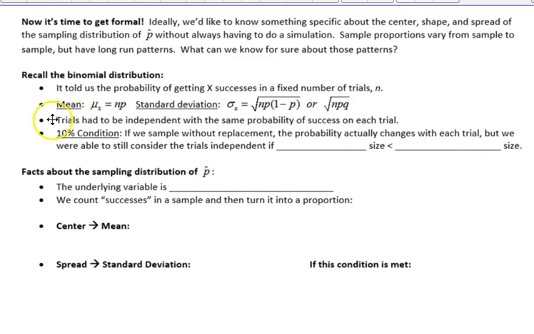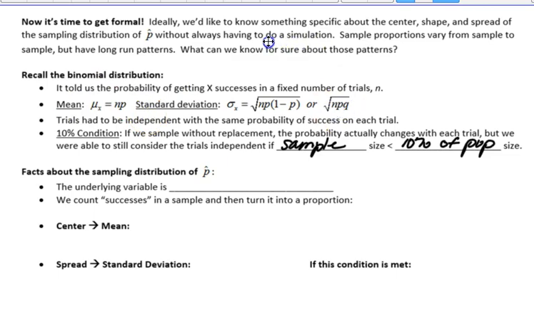But the 10% condition tells us that we can still consider the trials independent if the sample size is less than 10% of the population size, because the difference in probability would be very small. So if this condition is met, then these mean and standard deviation are accurate.